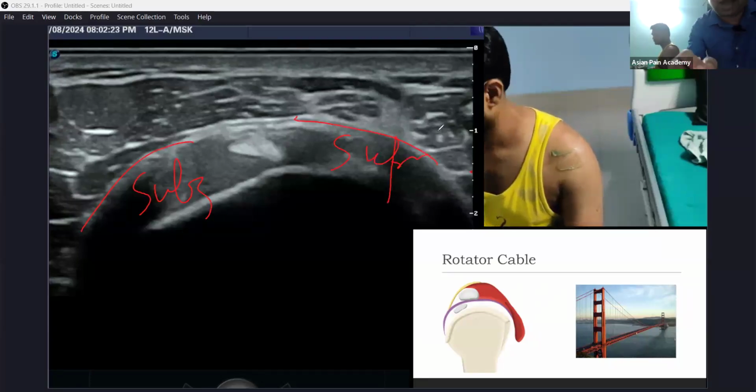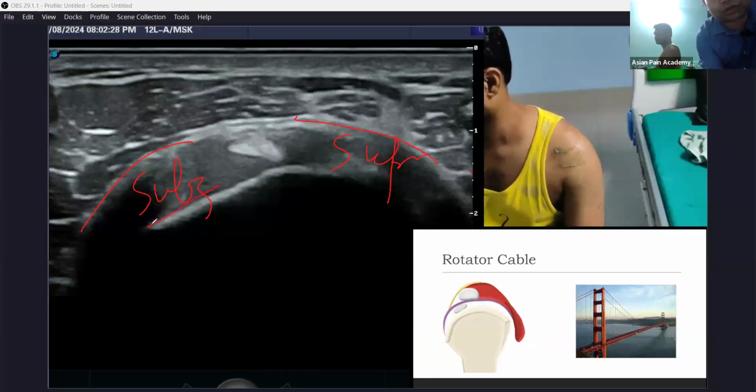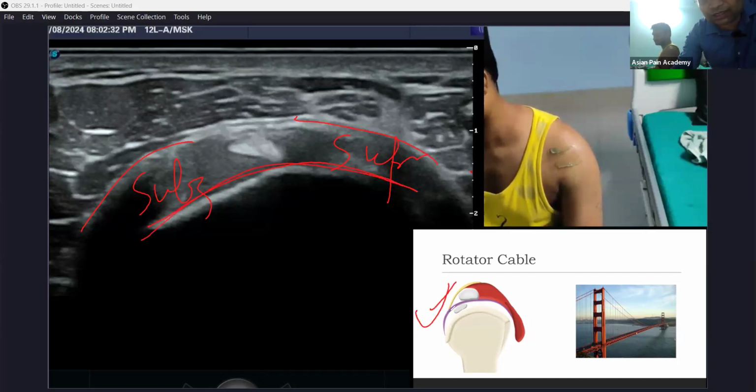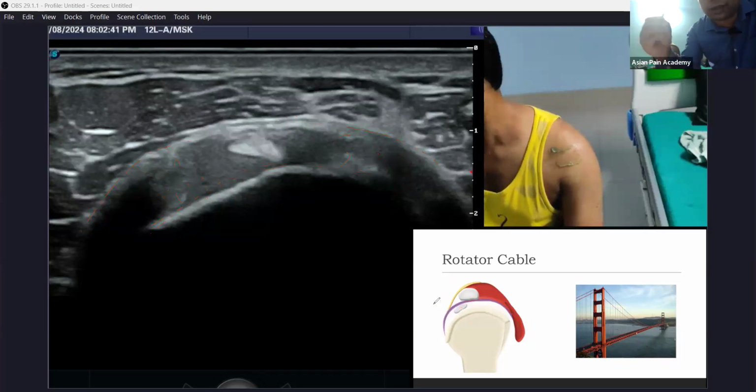Okay, but what keeps the supraspinatus and subscapularis on the bone? There is one structure which is called rotator cable. Rotator cable is also a ligament type of structure that keeps the whole tendon on the bone.